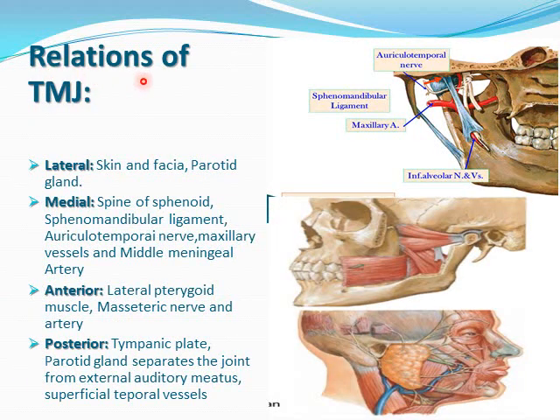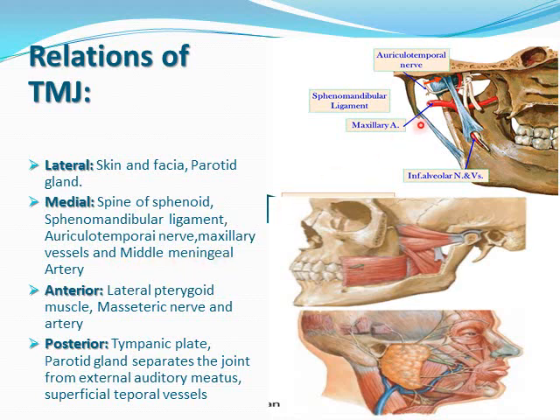These are some important relations of the temporomandibular joint. Laterally, there is skin, fascia, and parotid gland. Here you can see the parotid gland, while skin and fascia has been removed. Medially, there is spine of sphenoid along with sphenomandibular ligament, auriculotemporal nerve, maxillary vessels, and middle meningeal artery.